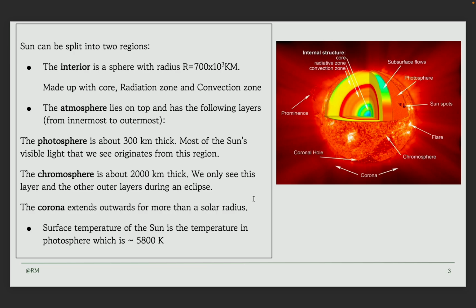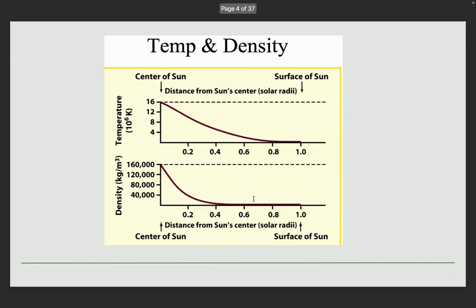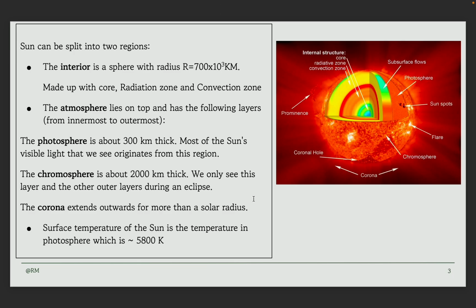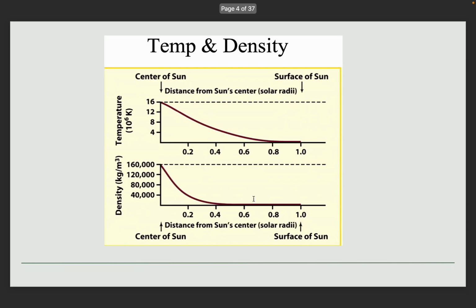And when we talk about the temperature of the Sun, that is the temperature of the photosphere, the uppermost layer relative to the interior, which is about 5800 Kelvin. Now the temperature and the density of the Sun are not constant inside the Sun. Up to the solar radius, the temperature and the density are very high.